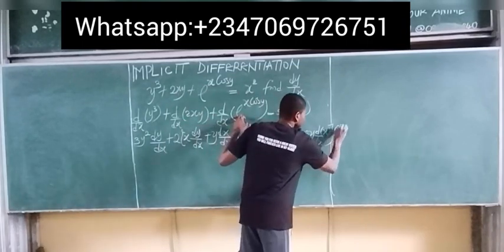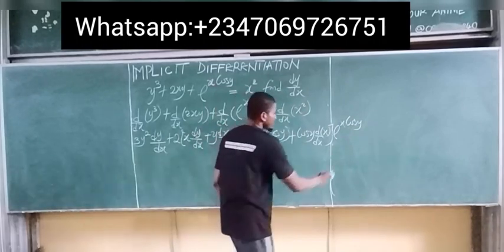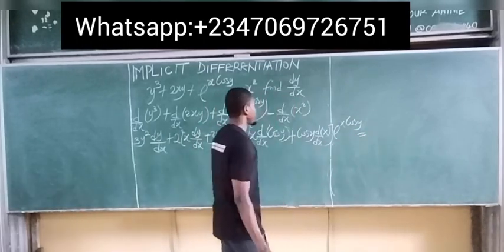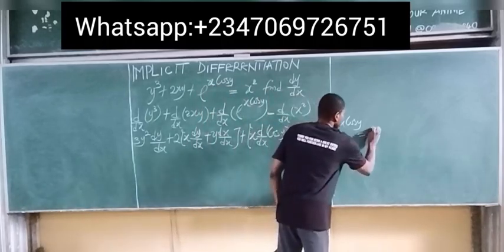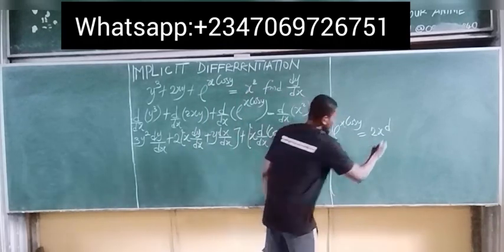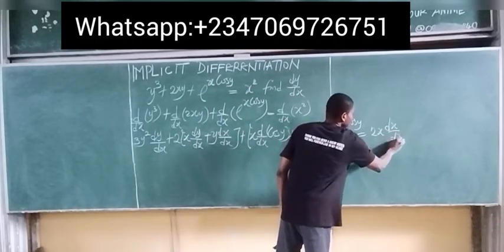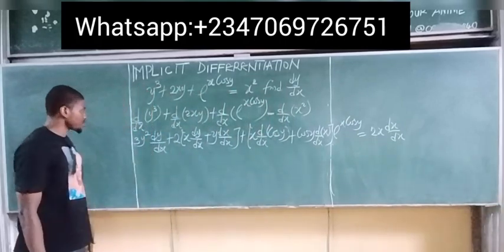I'll simply have e^(x cos y), and this is equal to, of course, if I differentiate x squared here, I will simply have 2x. And that is it. So let's evaluate, guys, and see.